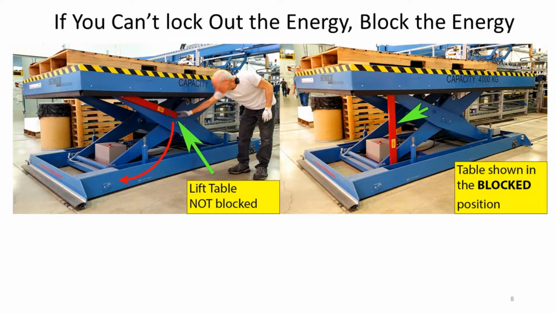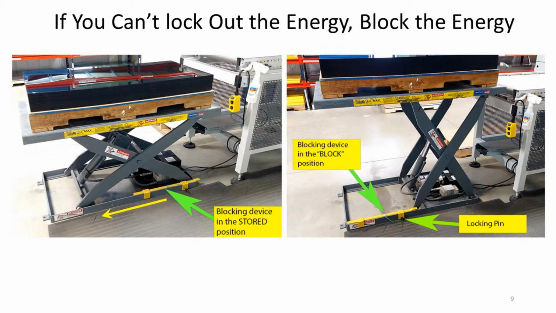Now before climbing under the table and into the hazard zone, this table and other machines like it must be blocked in a manner that protects the person working beneath it from the hazards associated with gravity. Here we can see another scissor lift table that's been retrofitted with a blocking bar of our own design. It's the yellow bar stored in the base of the machine.